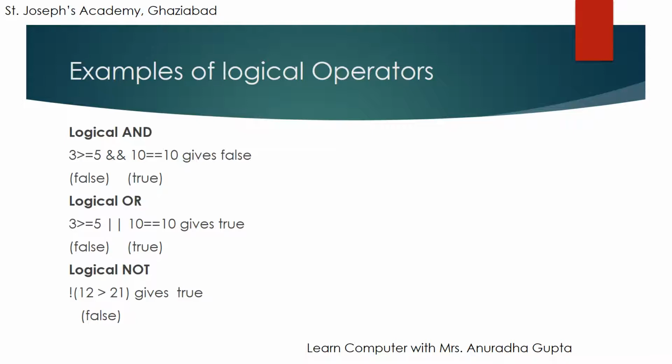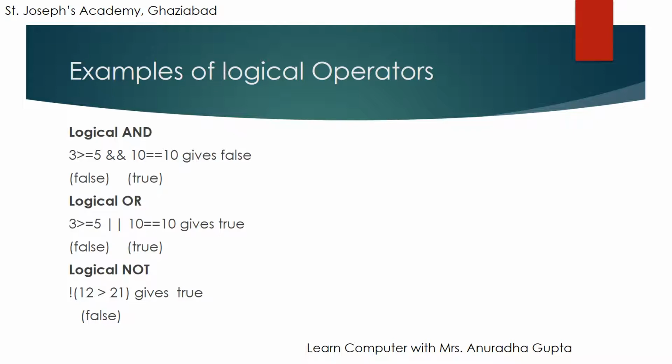And the second condition is 10 equals to 10. Yes, this is true. And here we are using logical AND. In the logical AND, if both are not true, it gives false. So in this example, logical AND gives false.